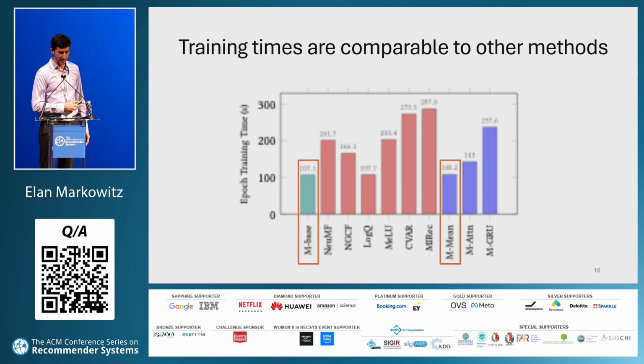Specifically, with the mean aggregation, the whole difference, the sampling approach, comes with almost no cost to the training time. So this is a very practical model architecture and application. And even for the GRU and the more complicated models, we see that it's still comparable to others and on the same order of complexity.